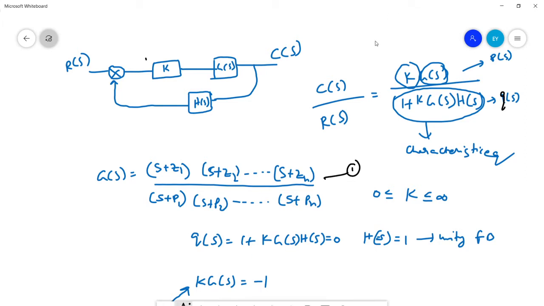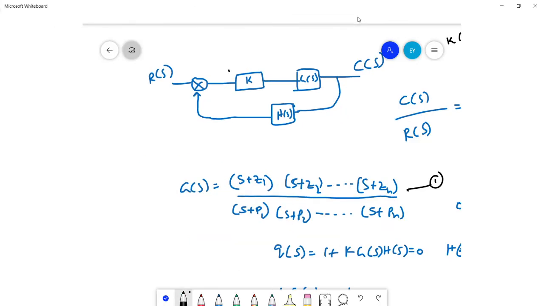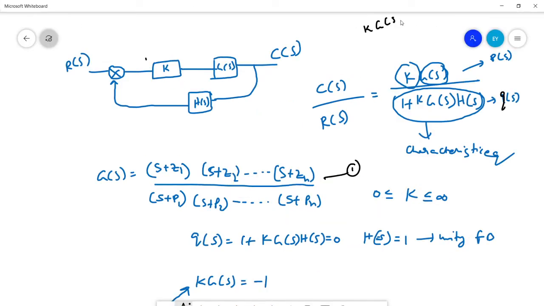k into G of s by 1 plus k into G of s into H of s, right? So as we know, for unity feedback, H of s is equal to 1, and what we are left with is k into G of s by 1 plus k G of s.